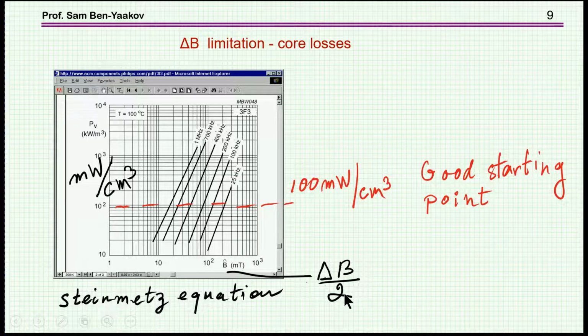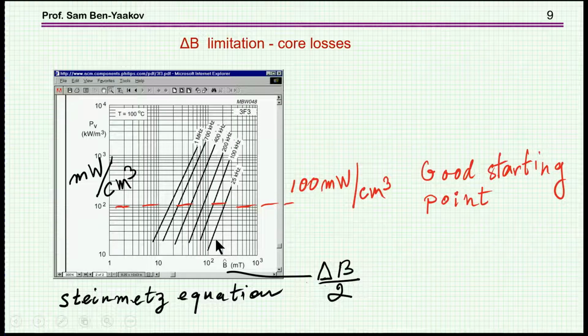Again, it's an approximation because this is measured small signal with no DC, and we are assuming that it is valid for a non-sinusoidal waveform and also with DC. And here we have the power loss. This is here shown at kilowatt per meter cube, which is equivalent to milliwatt per centimeter cube.